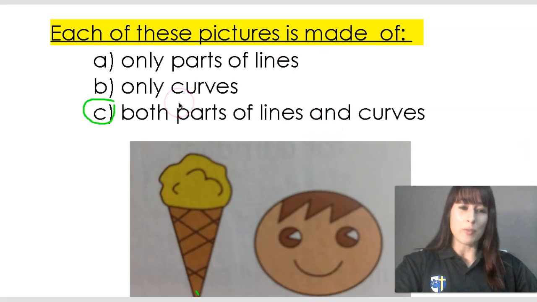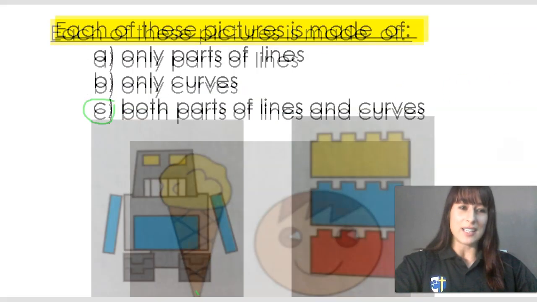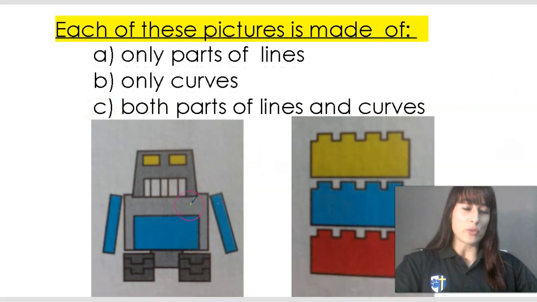I have one more set of pictures for you. See if we can identify this set. Here I have this robot and Lego pieces. Now, let's study it closely. I'm going to trace it with my finger again, pretending that this is my finger. And I'm going one direction. Still just straight.